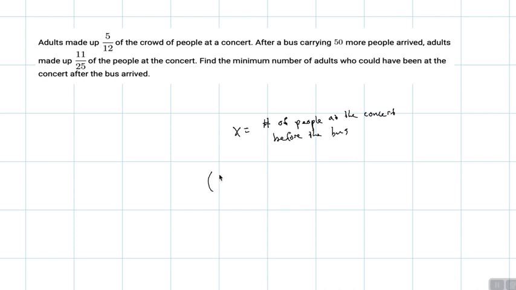So 5/12 times X, this is the number of adults at the concert before the bus. And that's going to be equal to, we'll add some Y. Let's say this is the number of adults on the bus.